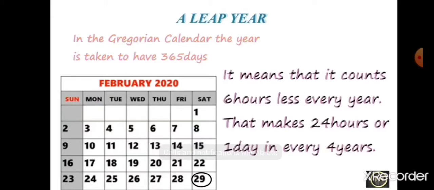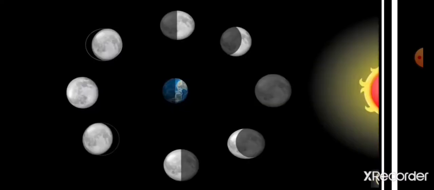To make up for this lost 1 day, the month of February in the Gregorian calendar has an extra day every fourth year. That year is called a leap year and it has 366 instead of 365 days, and February has 29 instead of 28 days.